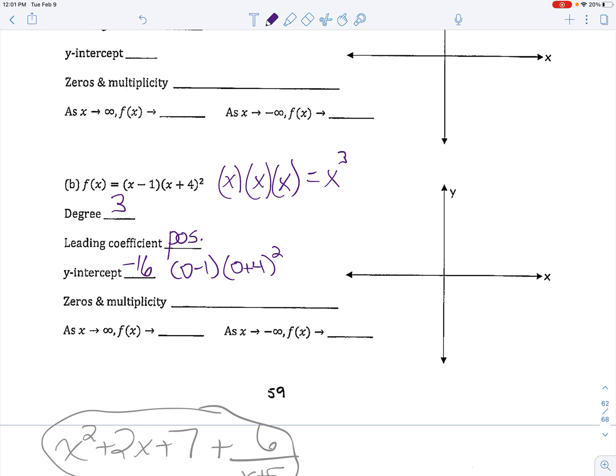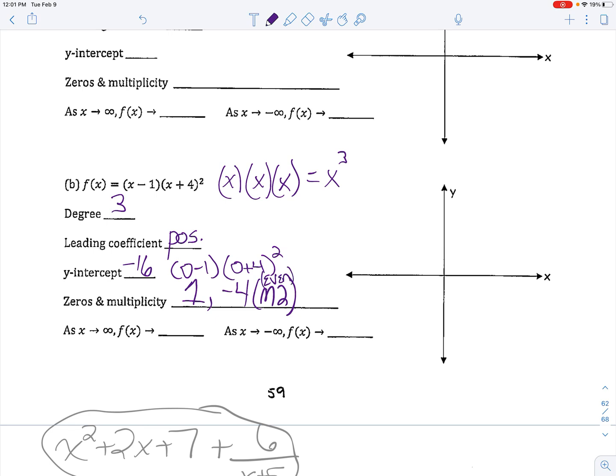Zeros and the multiplicity, if it applies. Remember, multiplicity begins with the repeated root twice. That's where it starts. Multiplicity of 2, which is even multiplicity. If you set the factors equal to 0, you look at the factors here, you're going to get x equals 1 as a root, if you set x minus 1 equal to 0.